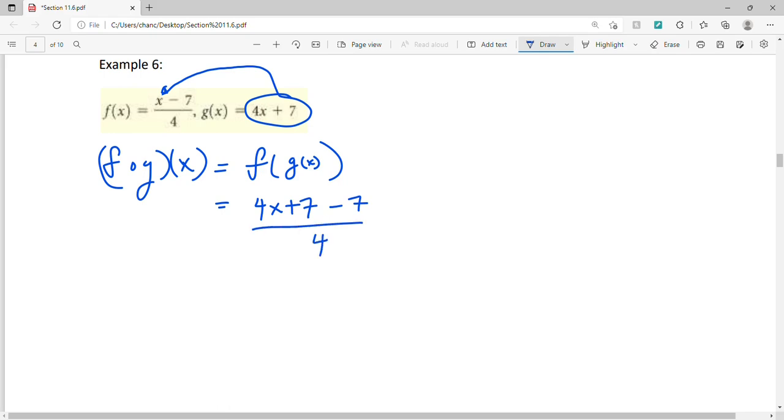Again, I don't really need parentheses because there's no multiplication done to the 4x plus 7. You'll see that the 7 and the negative 7 cancel out, and you are left with 4x divided by 4, which simplifies to x. So the first condition's met, but we still have to check g of f of x.